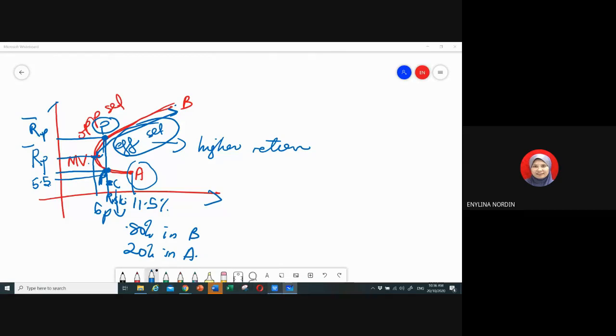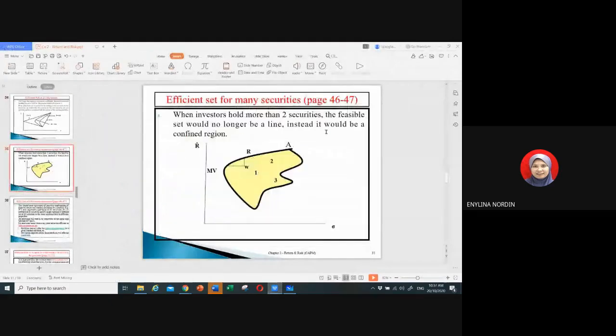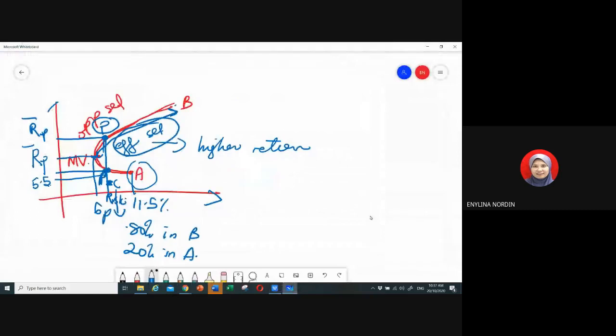Okay, the next one, we go to what happens if you have many stocks in your portfolio. Just now your portfolio consisted of two stocks, stock A and stock B, both risky stocks.